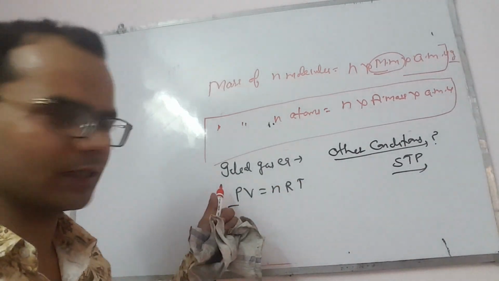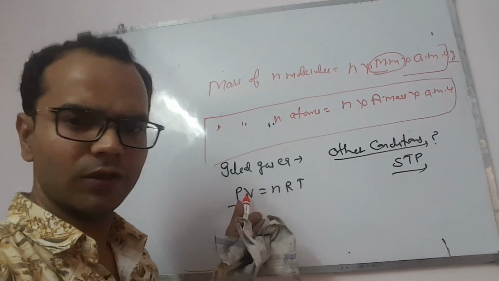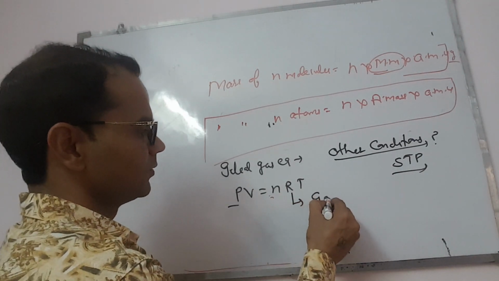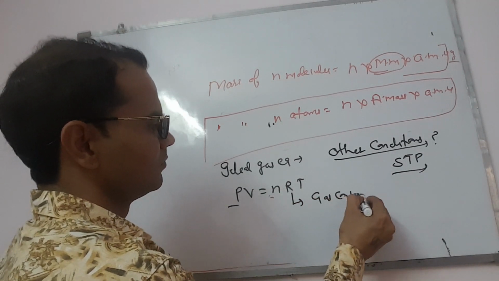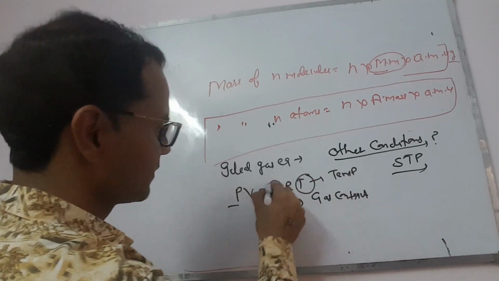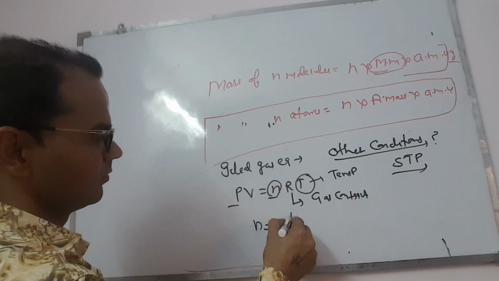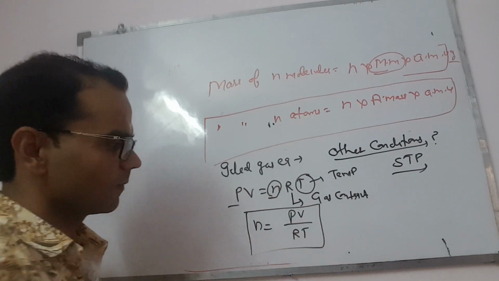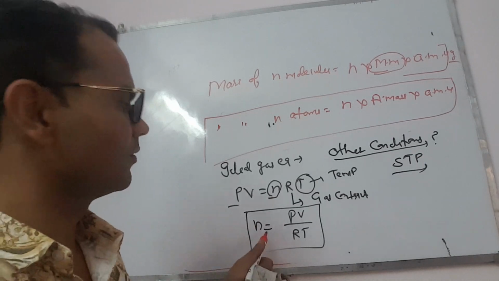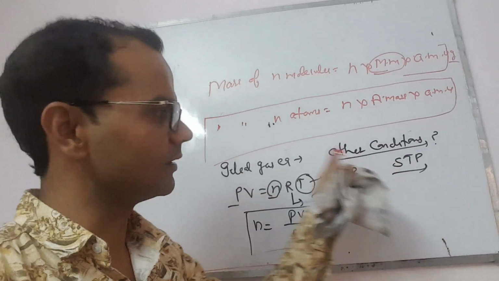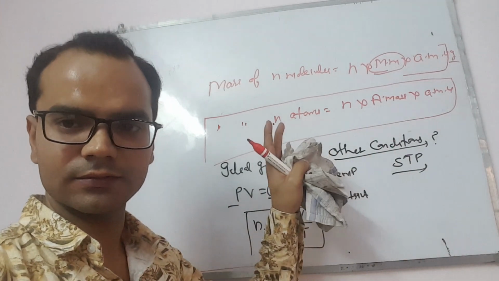P is pressure of gas, V volume of gas, n number of moles, R gas constant, T temperature. So number of moles will be n equals PV by RT. This formula can be used when volume is given but not at STP conditions.